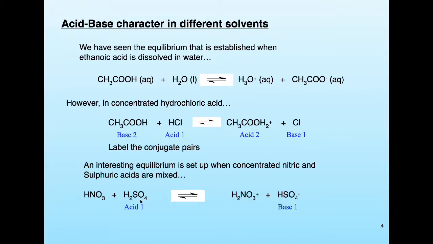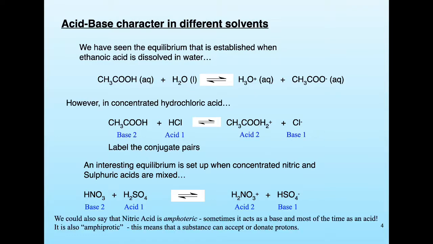It forces that proton onto the nitric acid to produce this ion. So that's my acid 2, that's the acid on the right hand side, and that's my base 2. Here we could say that the nitric acid is amphoteric because sometimes it acts as a base, even though most of the time it acts as an acid. We could also call it amphiprotic. It means that it's a substance that can accept or donate protons.